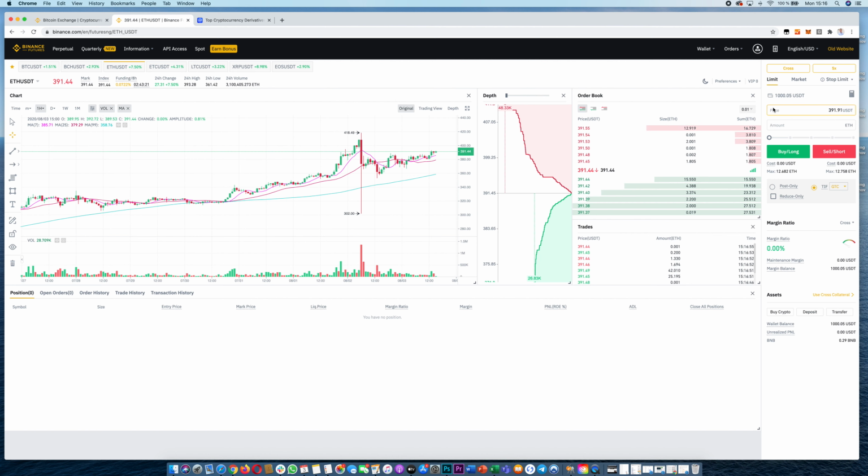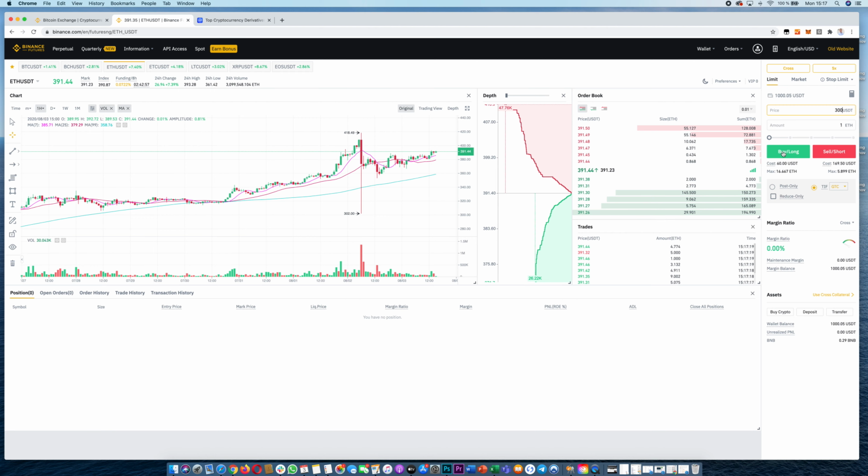And here you have your order types. You can either do a limit or a market order. A limit order is basically an order where you have to set your own price. So for example, you can say, okay, I want to buy a futures contract of 1 Ethereum if the price goes to 300 USDT.